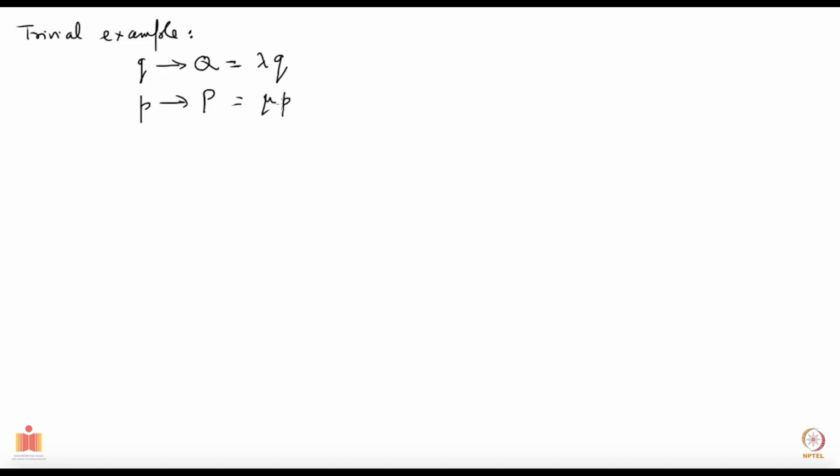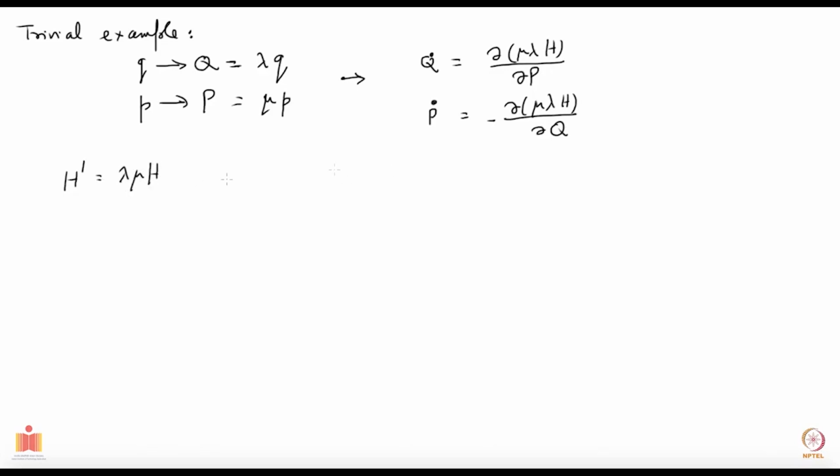If I do this and I plug these new coordinates in the equations of motion, you will see that you immediately get Q dot is del of lambda mu H over del P, I'm just plugging them in here, and capital P dot is minus del of lambda mu H over del Q, which means that if you do this transformation, then your H prime is lambda mu times H. If you put it here, these are the canonical equations of motion.